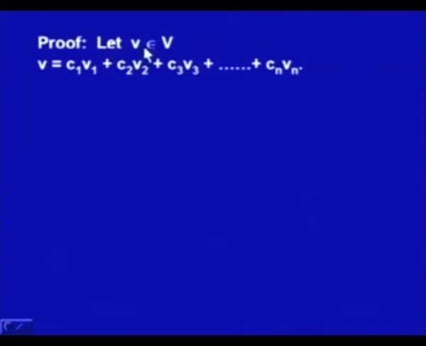So, let us say v belongs to V. So v is a vector belonging to V, and v_1, v_2, v_3, ..., v_n form a basis. So v can be expressed as a linear combination of these vectors. So v is equal to c_1 v_1 plus c_2 v_2 plus c_3 v_3 plus c_n v_n.